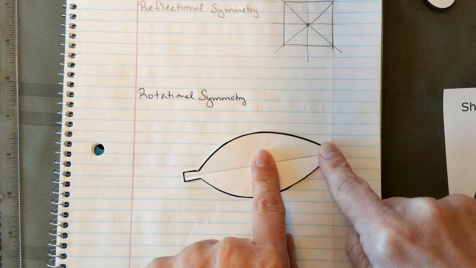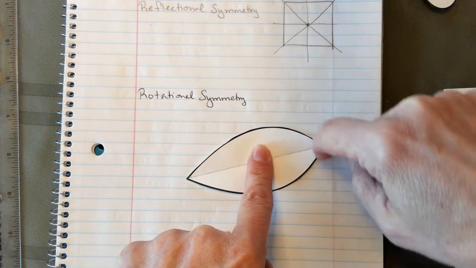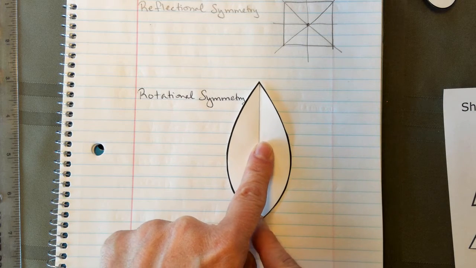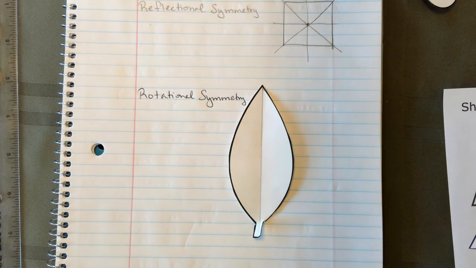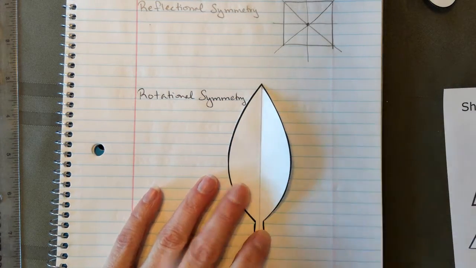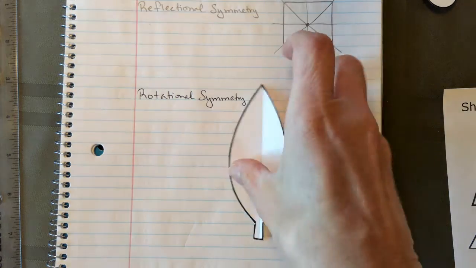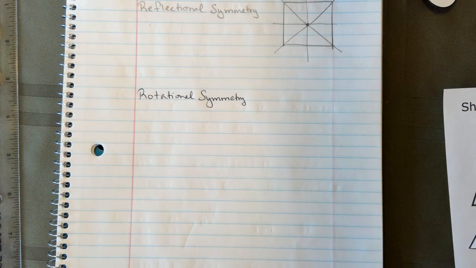And you'll notice I keep my finger kind of close to the center until that point gets right back to itself. That took a full circle. That was 360 degrees of a rotation. Interesting. So does it have rotational symmetry if it has to go all the way around a full circle to get back again? That sure doesn't really feel like a rotational symmetry concept.